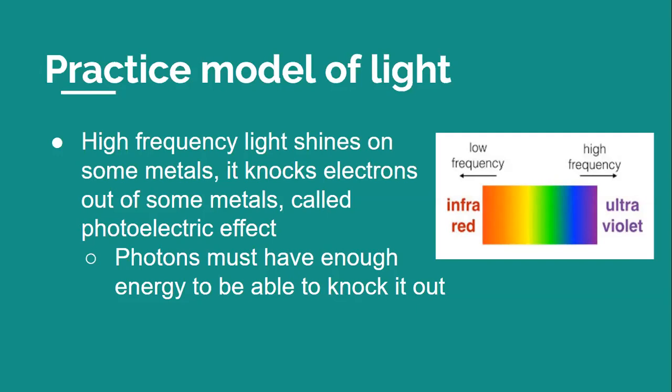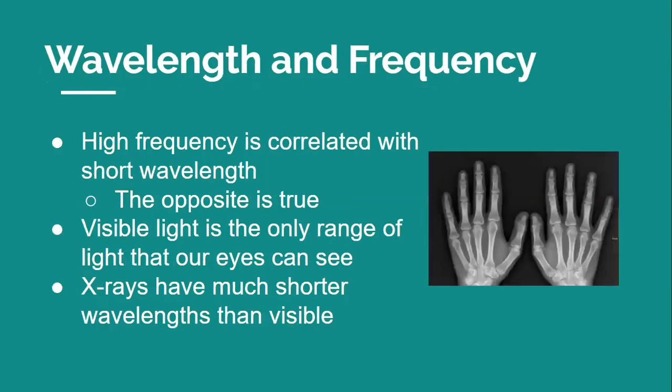So pretty much photons are going to need to have enough energy to knock these electrons out. Electrons are negatively charged particles around us inside of atoms that need to have enough energy to be knocked out for this photoelectric effect.